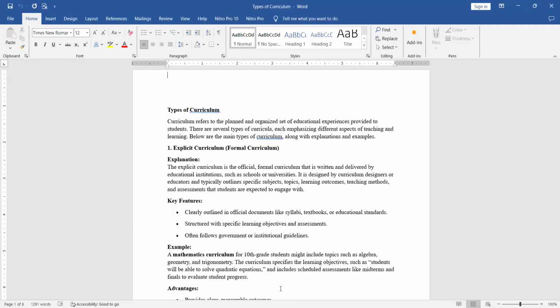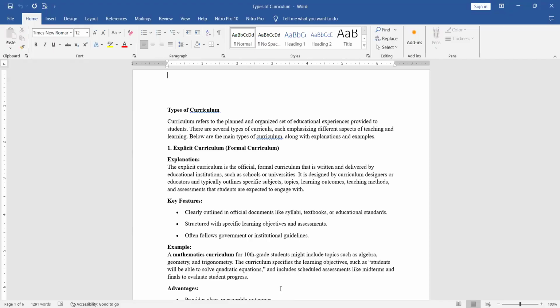But there are different types of curricula, each emphasizing different aspects of teaching and learning. Below is a classification of the main types of curriculum along with explanations and examples. Okay. So we will look at the first type.